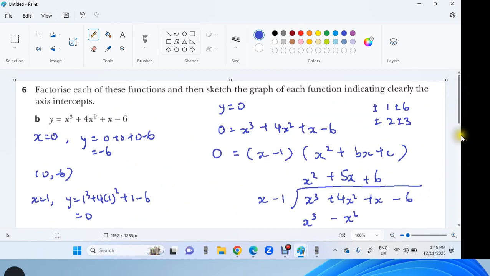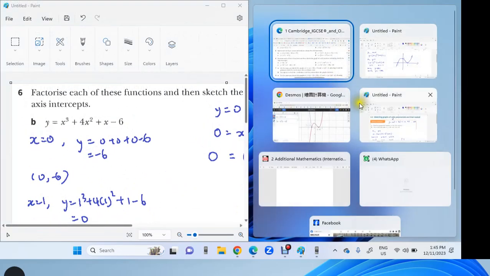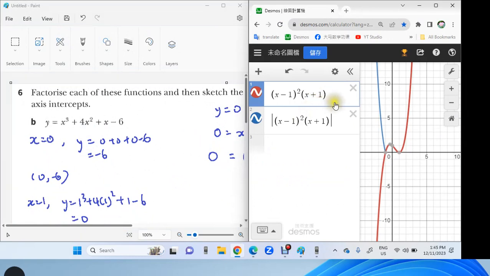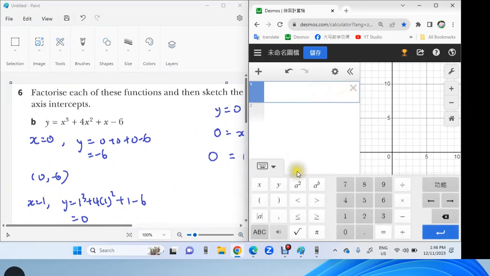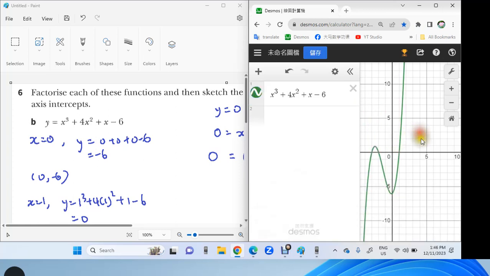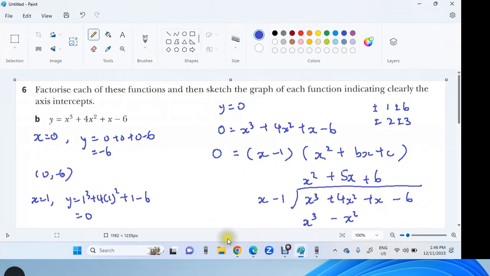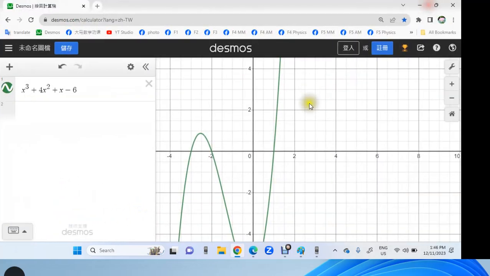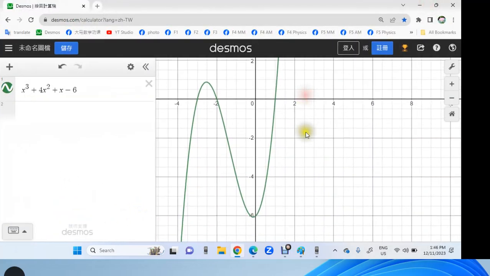So if we want to check the answer using decimals, this will be x power 3 plus 4x squared plus x minus 6. This is how the graph looks like.